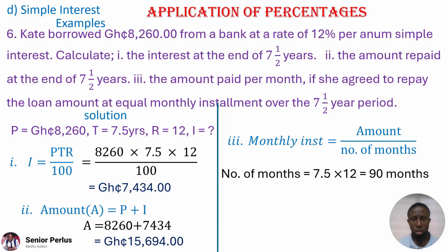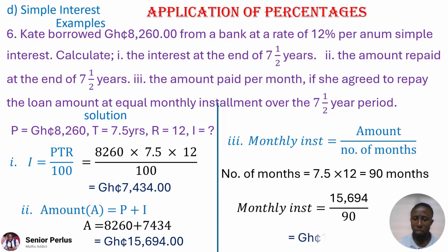Good. So that would be 90 months. Now we know the amount, so we can find the monthly installment, because we are working in months, so that's 90 months. Therefore, our amount is 174.38 Ghana cedis. Very good.